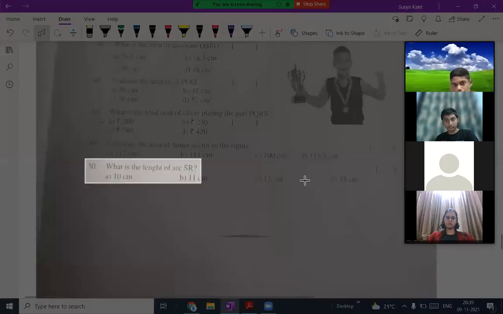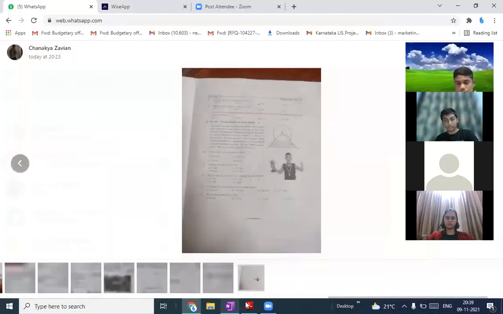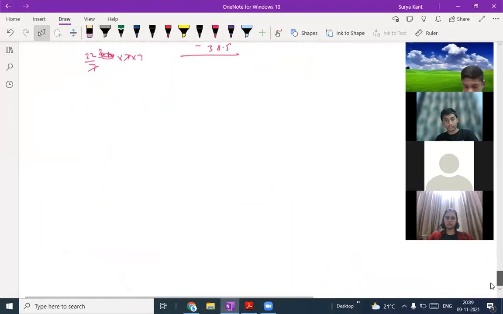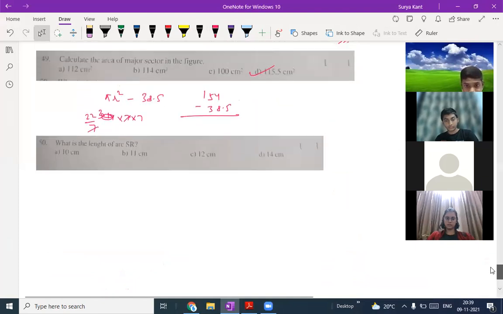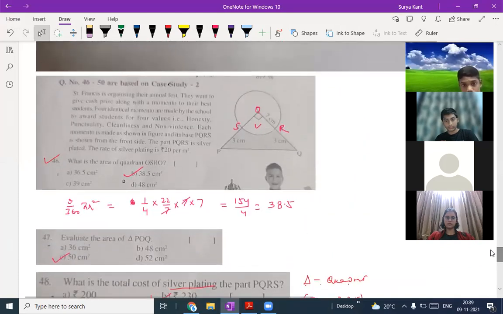So last question is length of SR. Length of SR. Where is SR? See the SR value here. SR is nothing but your arc. What is the length of arc SR?